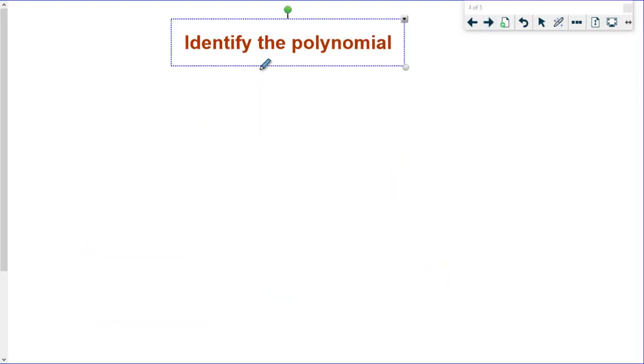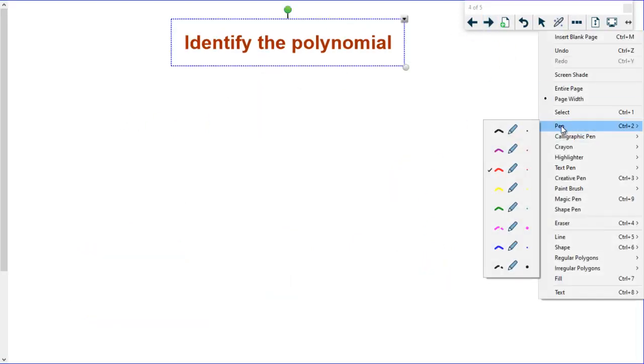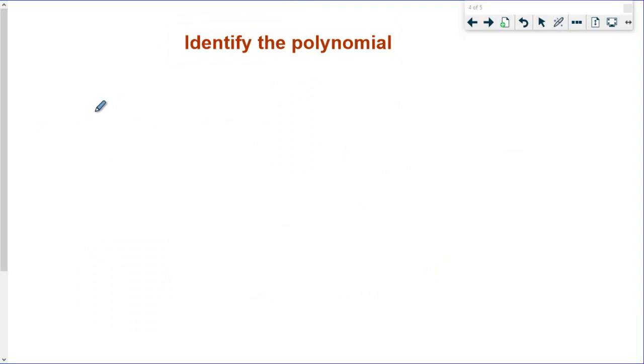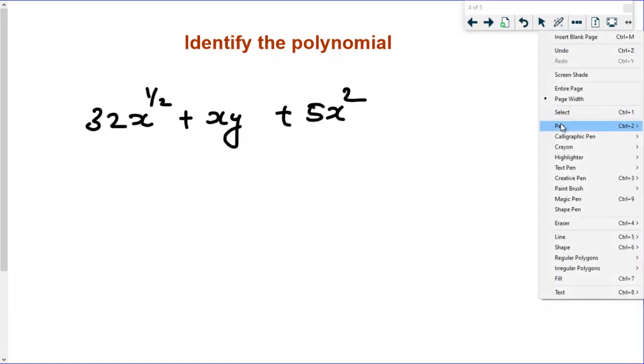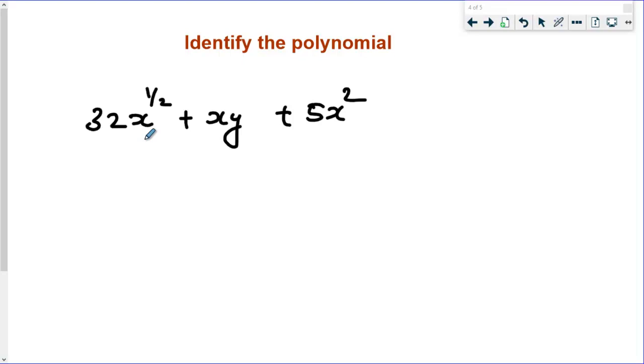You can see one more example. 32 x power 1 by 2 plus xy plus 5x square. Here in this case also, for the first term, the power of x is a fraction. If the power of a variable is a fraction, then also this is not a polynomial.